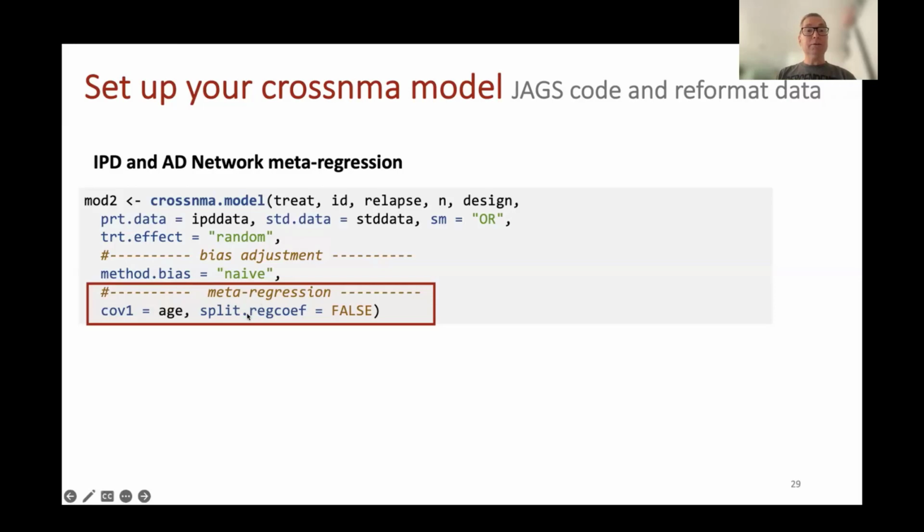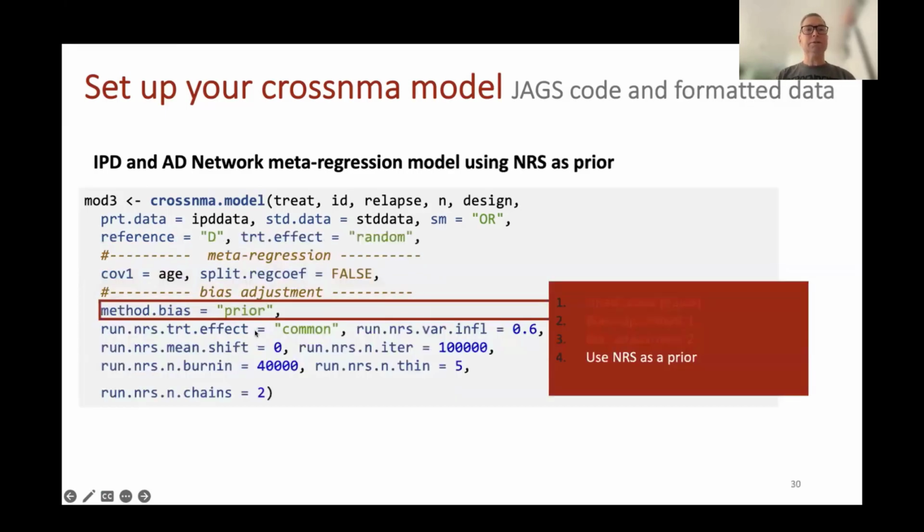And here with this split regression coefficients, we ask whether in the IPD data we would like to estimate separate coefficients for our covariate within and between studies. And here we say we do not want to do this, which is a good idea if you have only a few studies in your data set.